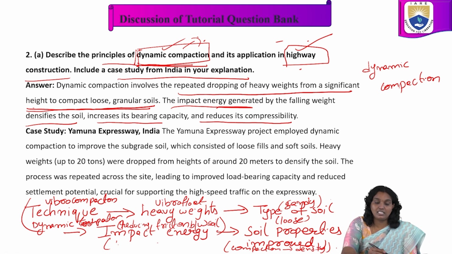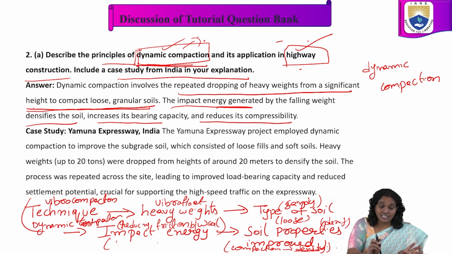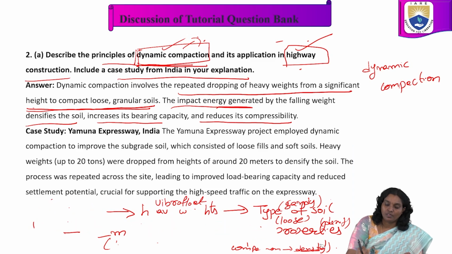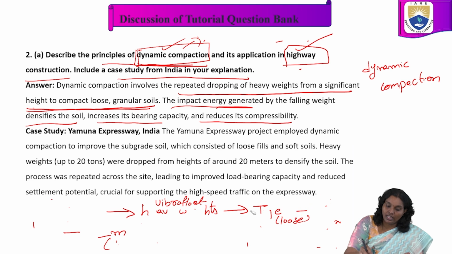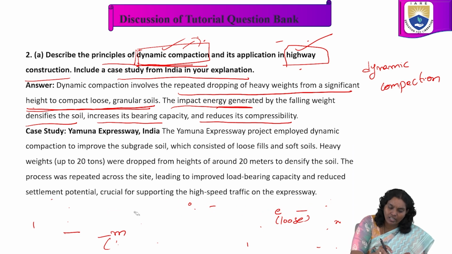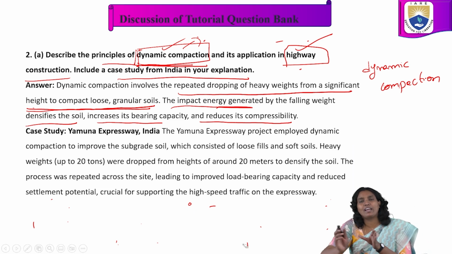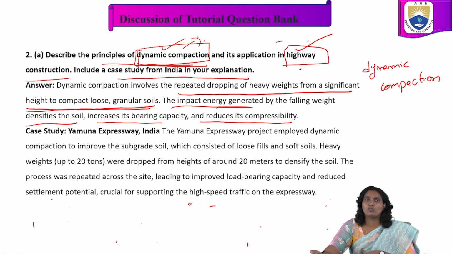Here it densifies the soil, and here also it densifies the soil. What type of property is going to be affected? Like this we have to write for any kind of technique. Like this we analyze the principle: based on the process, what kind of process is involved, on which type of soil, what effect is going to happen, and finally what type of property is going to improve.